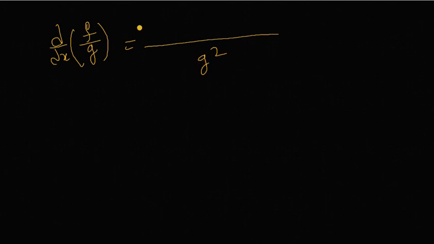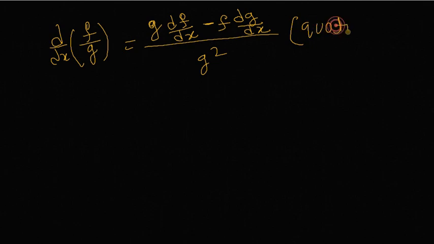Then in the numerator section we take the denominator of this division and differentiate the numerator, and again minus, we take the numerator of this division and differentiate the denominator. This is known as the quotient rule.